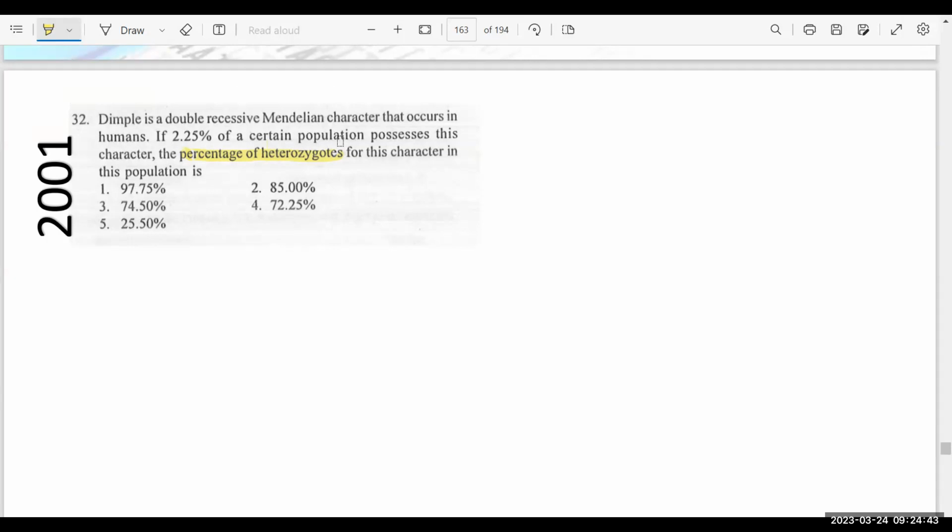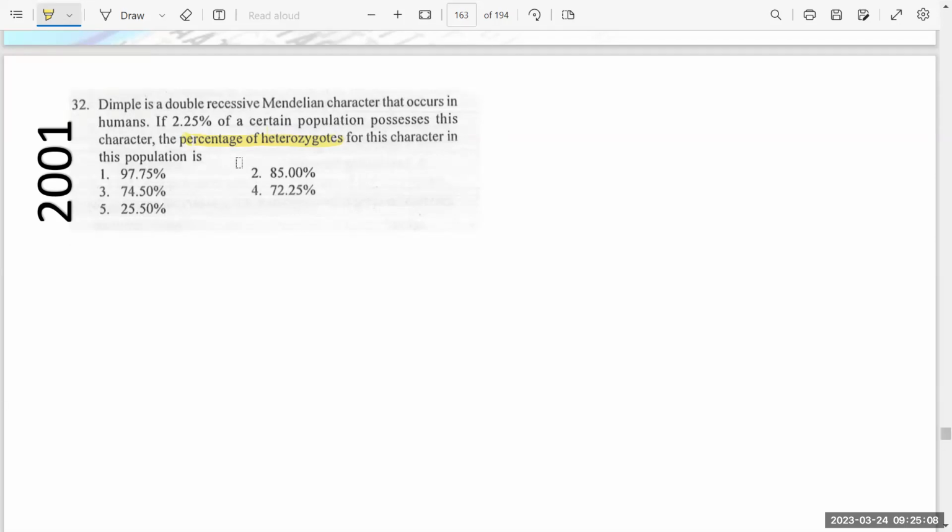Here it says the dimple is a recessive character. So it has the trait homozygous recessive, double recessive.